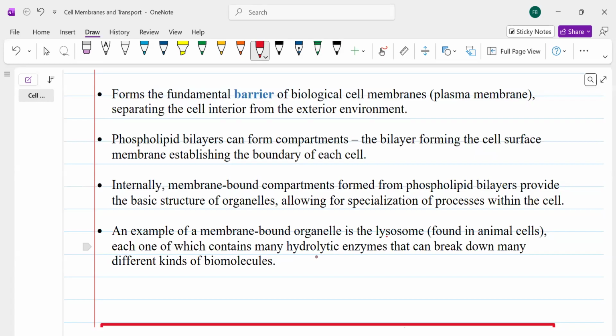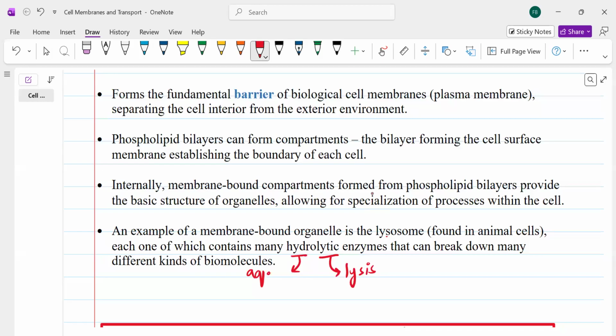Lytic means lysis, and hydro means in the presence of water, aqueous. So in the presence of the aqueous content of the cell, these enzymes break down toxic substances within the cell.